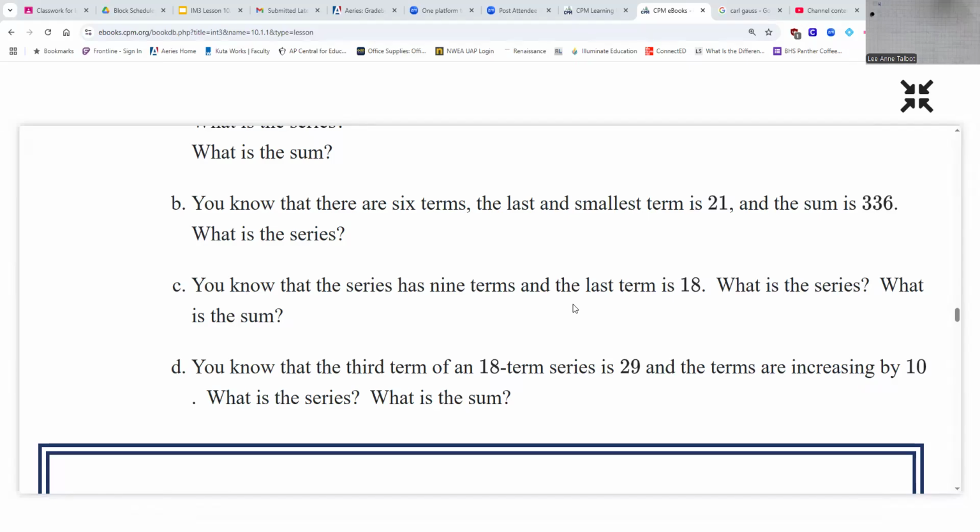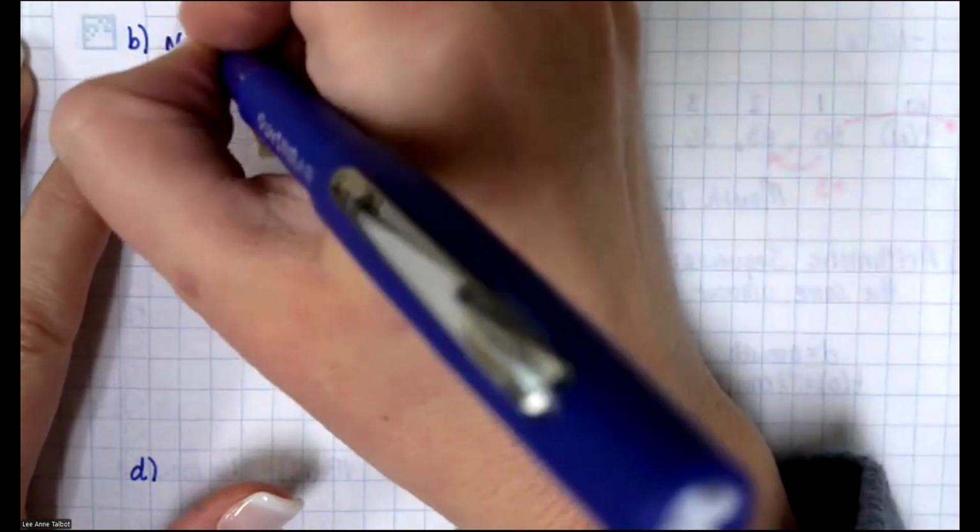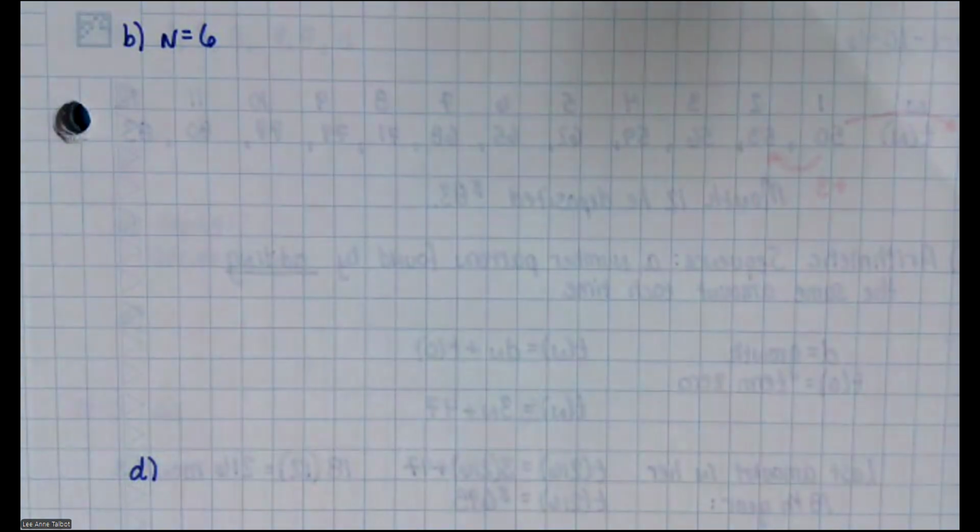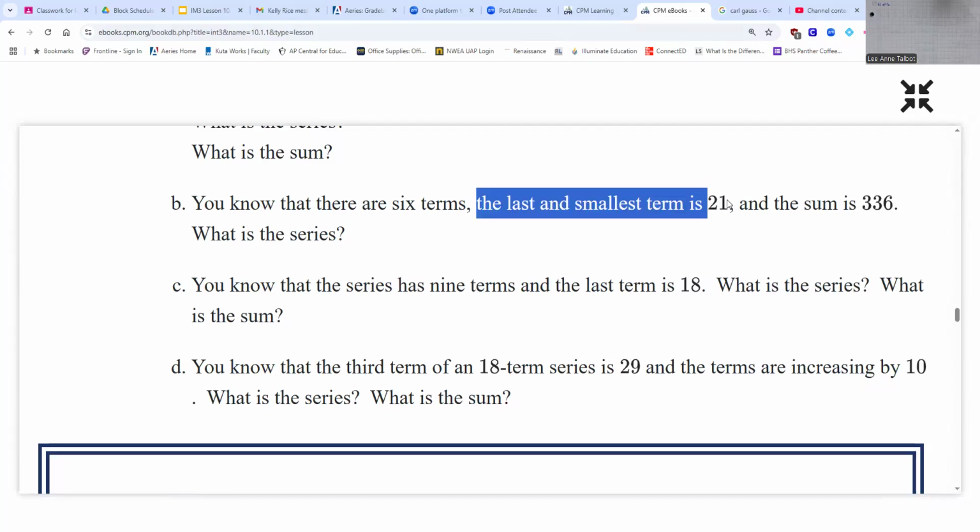D. You know that there are 6 terms. The last and smallest term is 21, and the sum is 336. What is the series? Okay, it says, you know there are 6 terms. So on my paper, I'm going to write n equals 6. It says the last and smallest term is 21.